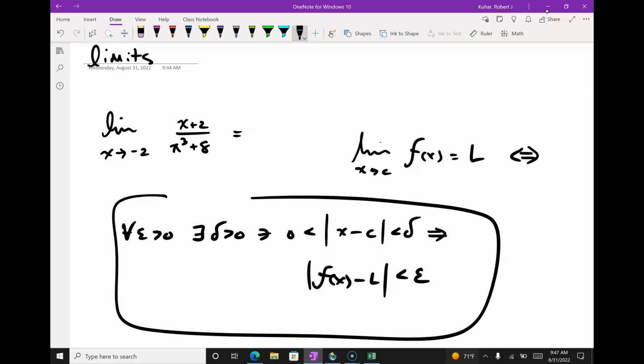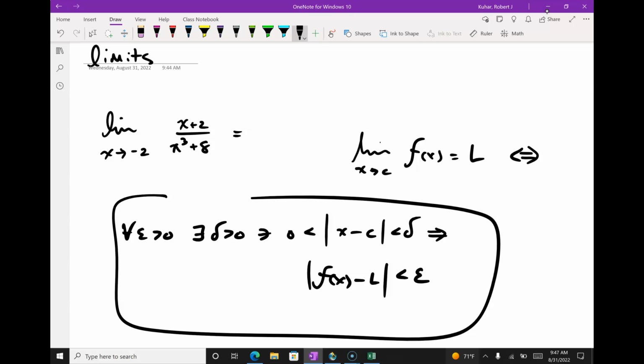Negative 2. Do I care about getting to negative 2? What's telling me I don't care about getting to negative 2? Not the absolute value. The absolute value is telling you left and right. Check from the left, check from the right.